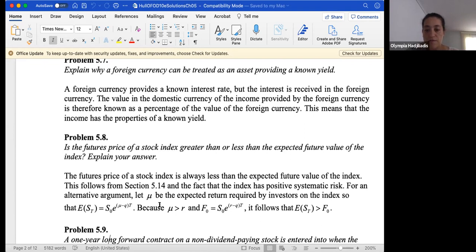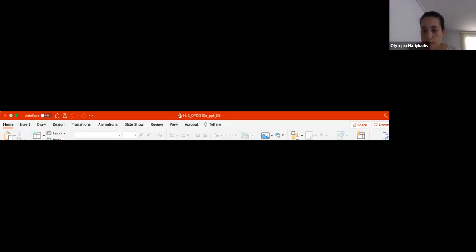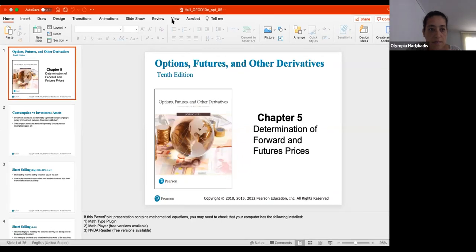We have basically positive systematic risk. Let's just remember from our slides a little bit here. So let's go back to the last slides.